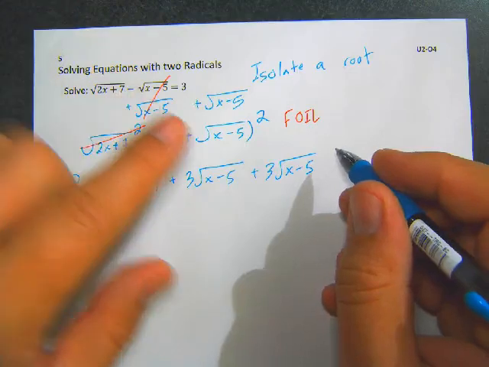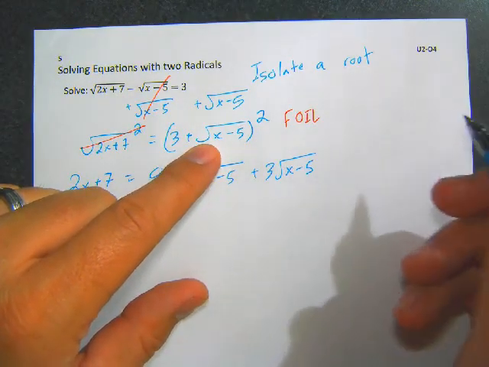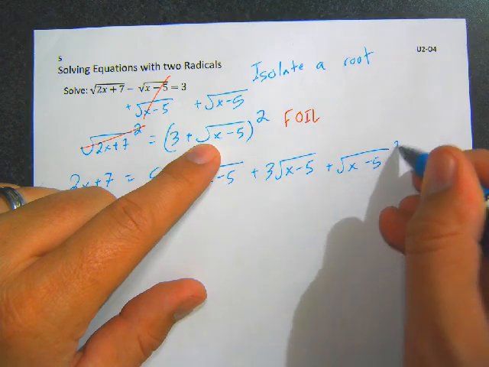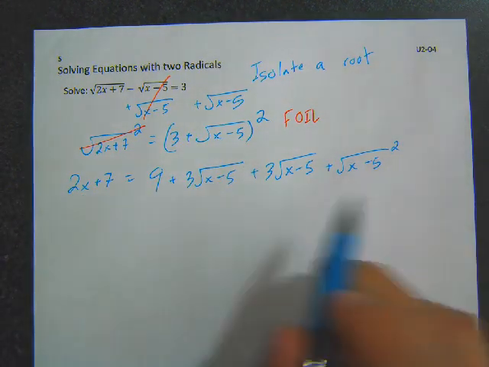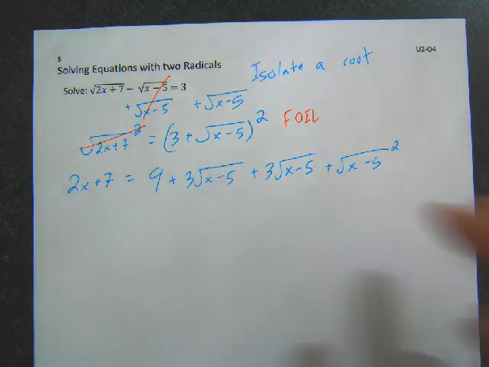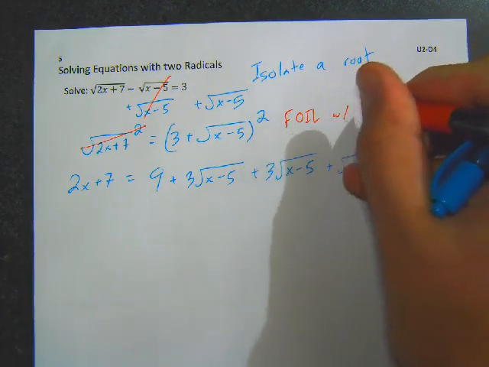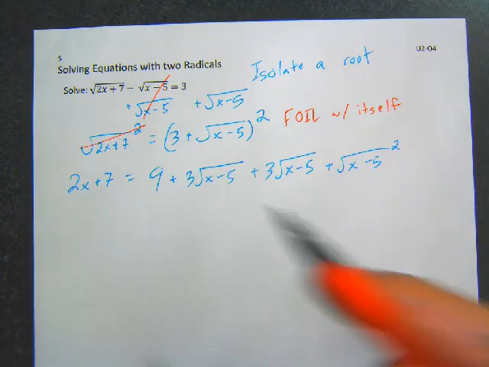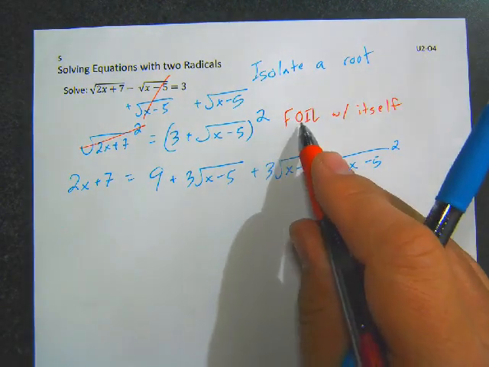And then the last is going to be root x minus 5 times itself. Well, if you multiply something times itself, it's the same thing as squaring it. So it's going to be root x minus 5 squared. So that's what you get if you FOIL that with itself. If you need to see more of that, you can always take this and write it down twice, and then you can hopefully see what the first, outer, inner, last is.